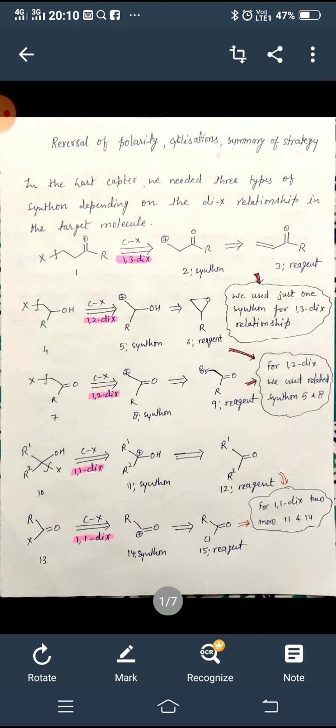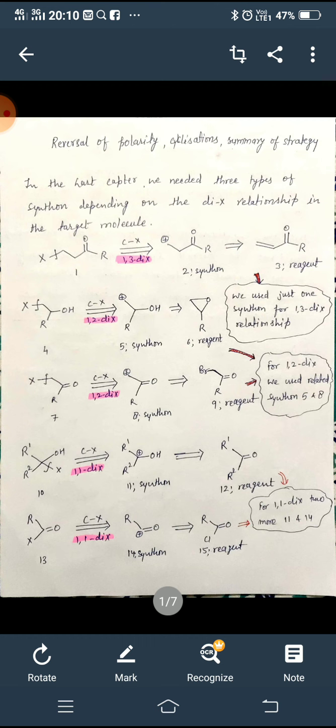For the 1,2 disconnection we used synthons number 5 and 8, and for the 1,1 disconnection two more synthons, number 11 and 14.